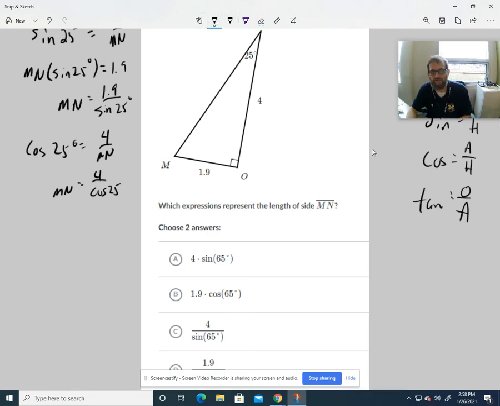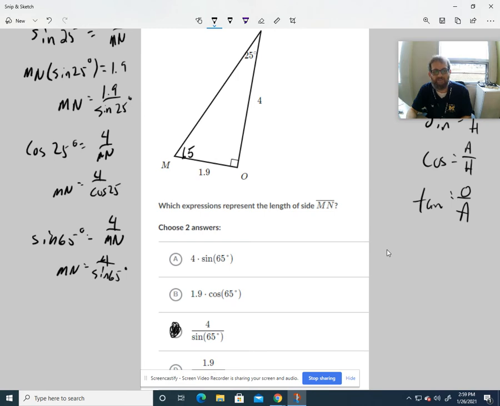Okay. This angle right here has to be 65 because those two have to add up to 90. So we could have said the sine of 65 degrees equals 4 over MN. And again, through that solving process, we would have gotten this. Oh, there's one of them right there.